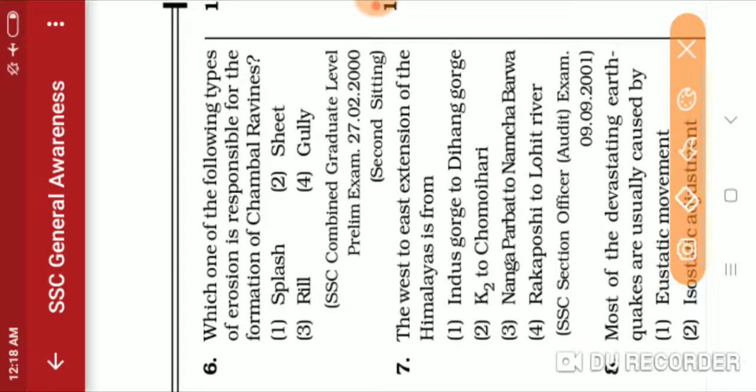Sixth question. Which one of the following types of erosion is responsible for the formation of Chambal Valley?